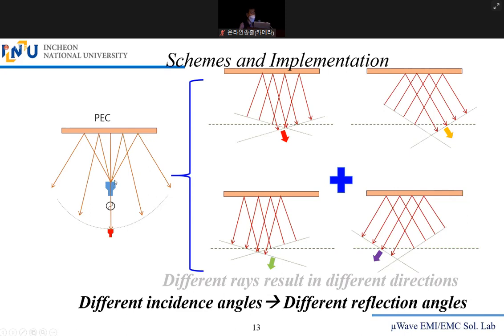This is a horn antenna as a primary source. You can see 1, 2, 3, 5 rays. These are called rays, looking like tentacles of an octopus. But here, ray 1, ray 2, ray 3, ray 4, ray 5, actually they were drawn as the representation of many rays.